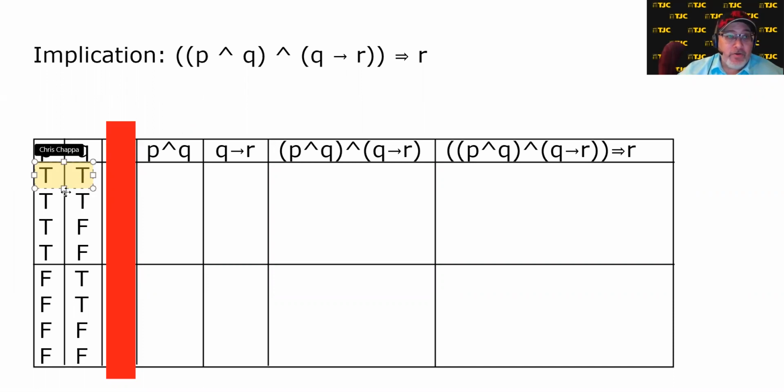It's all true here, and it's all true here. Those are the only rows that follow the rule for conjunction. So those are the only rows where this column is true. So true, true, and the rest is false.